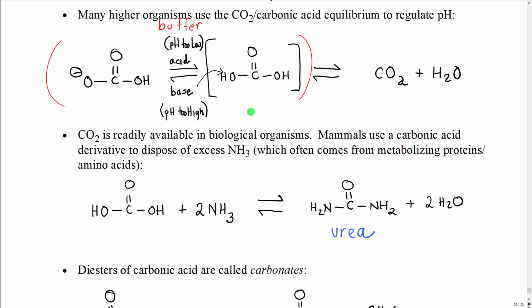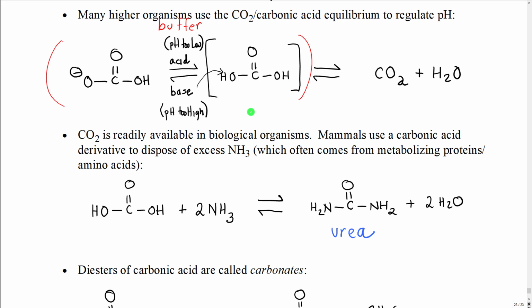This leads to a super interesting biological application of carbonic acid. Carbonic acid and CO2 are used together as a buffer to maintain and regulate the pH of all of the aqueous materials.